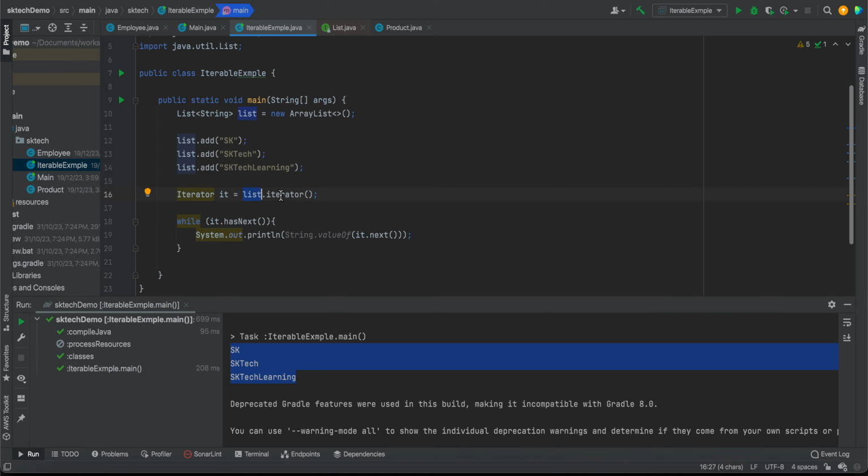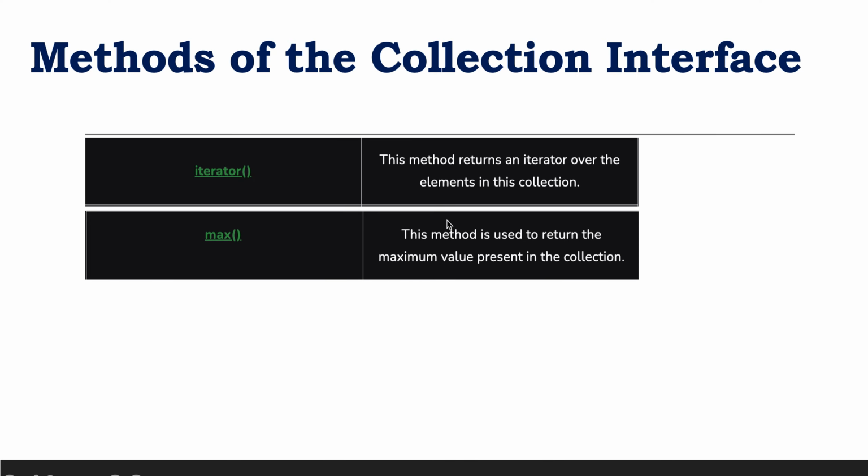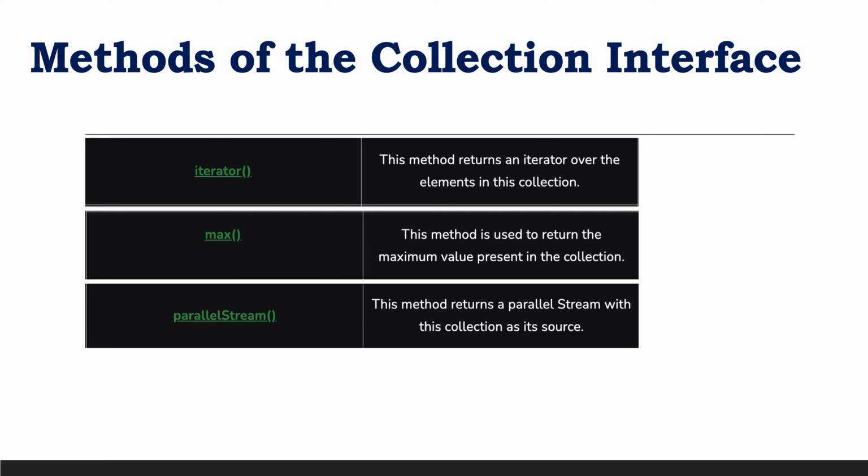Using this list, we called the iterator method and we got the iterator, and using it we are able to use these built-in utility methods. The next method available is max. As the name suggests, this method is used to return the maximum value present in the collection. Don't worry about the naming or the methods, we are going to see each and every method with the help of examples. Okay. The next method available is parallelStream.